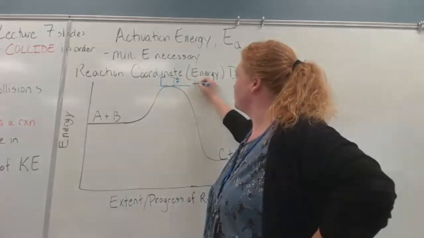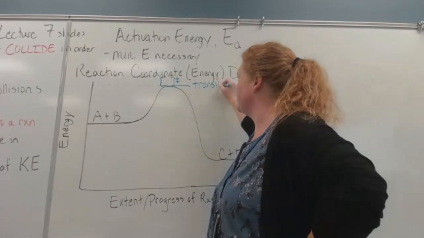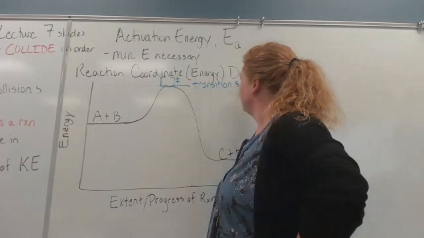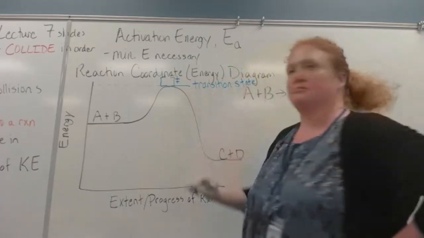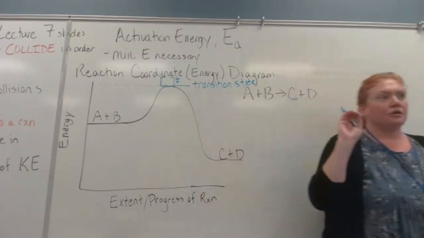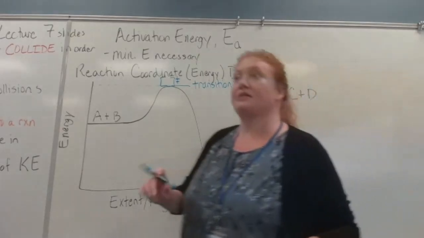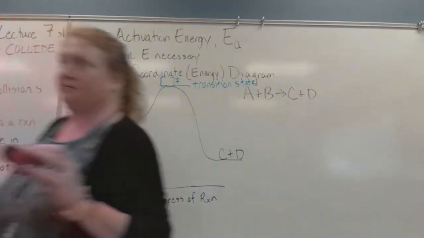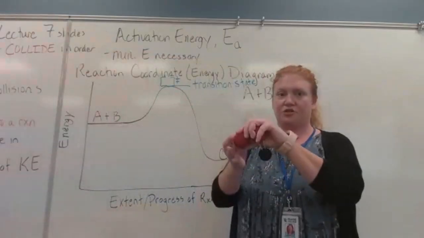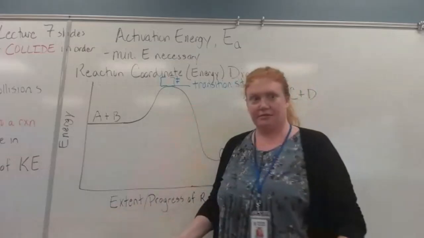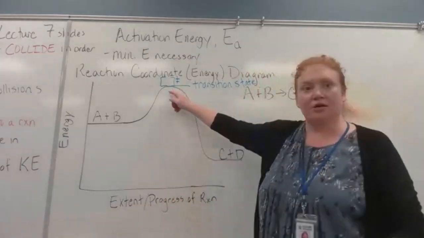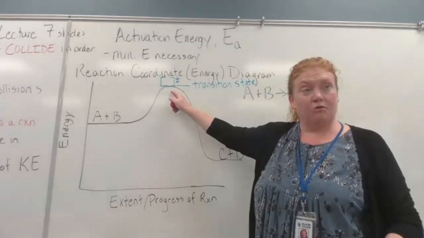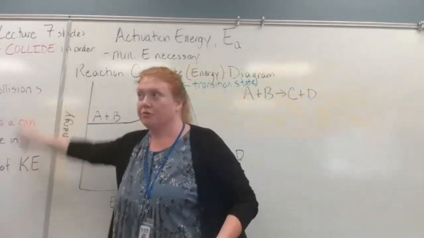At the top of this hill is what is called the transition state. Here at the transition state is where you begin to transition from what? Reactants into products. Here is where, what is true?